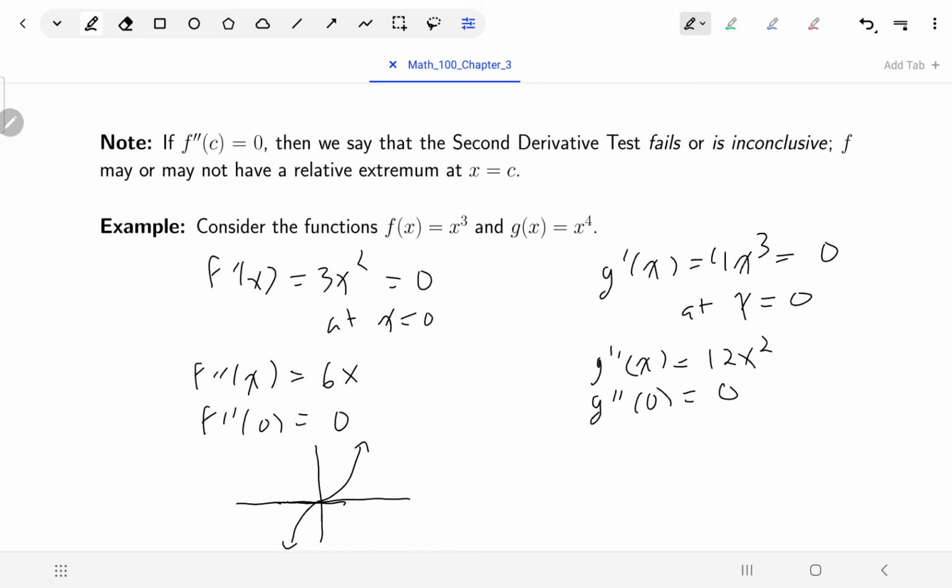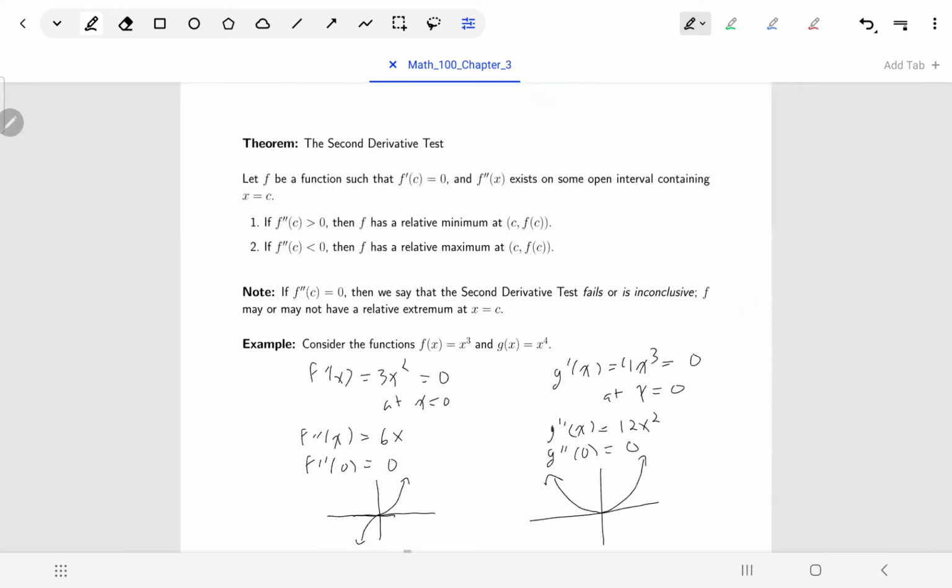So in both cases, the first and second derivative were both equal to 0 at the origin. One of them was a point of inflection, but for this x to the 4 graph, it's a relative minimum instead. So when your second derivative is equal to 0, that means your second derivative test is inconclusive. You can't draw a conclusion one way or the other. And that means, of course, you're going to need to rely on something else, namely the first derivative test.